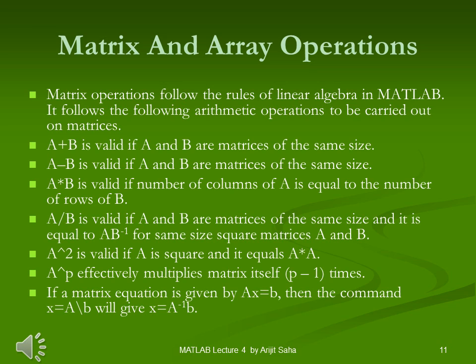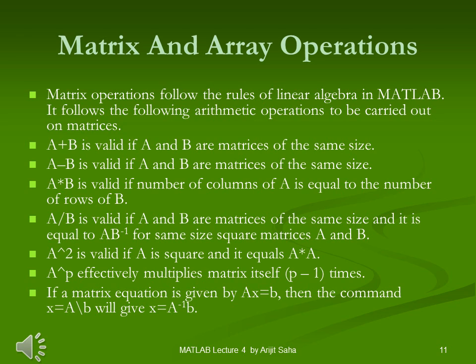Matrix and array operations. Matrix operations follow the rules of linear algebra in Matlab. The following arithmetic operations can be carried out on matrices. A plus B, if A and B are of the same size. A minus B, similarly if A and B are of the same size.